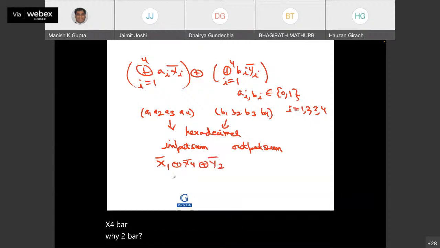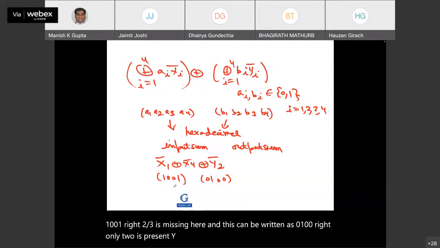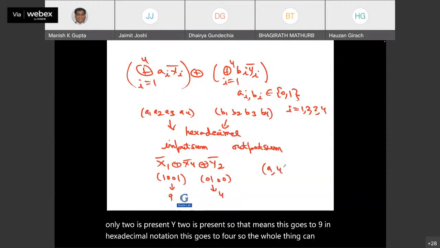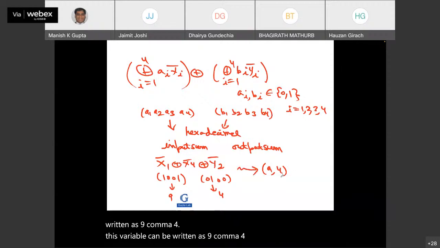This can be written as 1001, where 2 and 3 are missing, and this can be written as 0100, where only y2 is present. So this goes to 9 in hexadecimal notation, and this goes to 4. The whole thing can be written as 9 comma 4. So all these combinations we can write down like this.